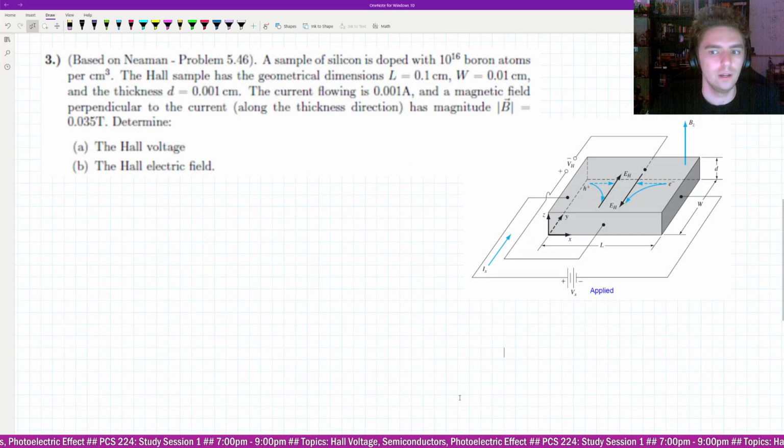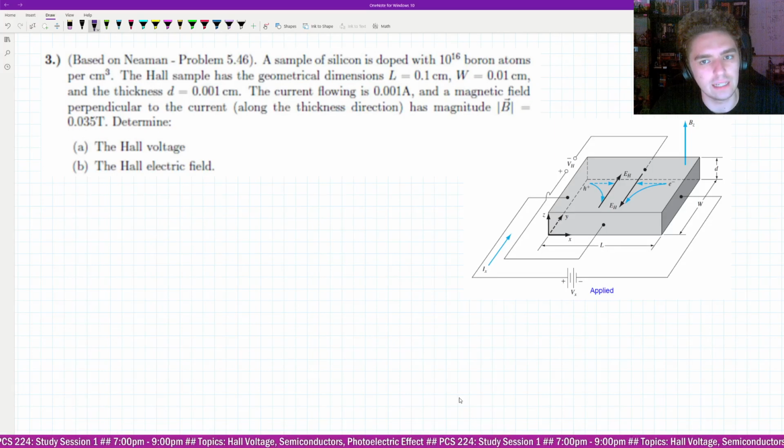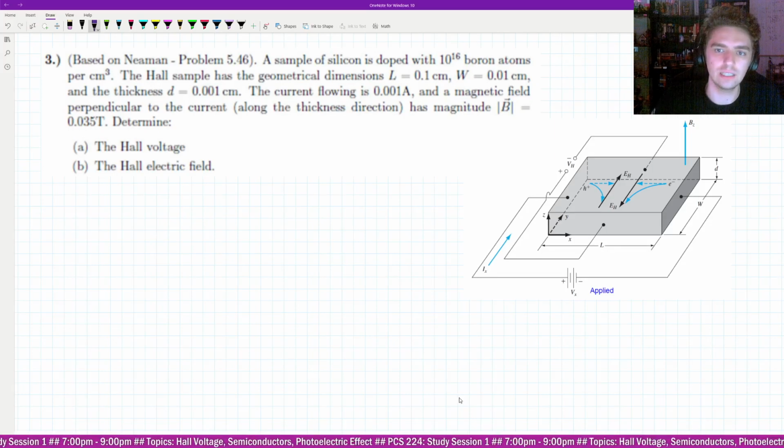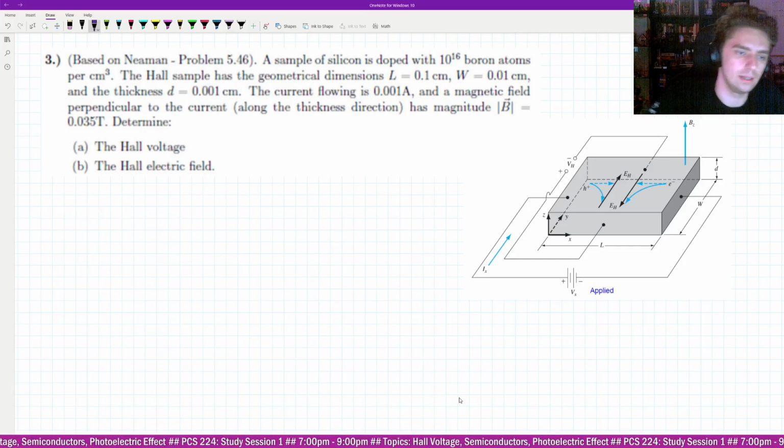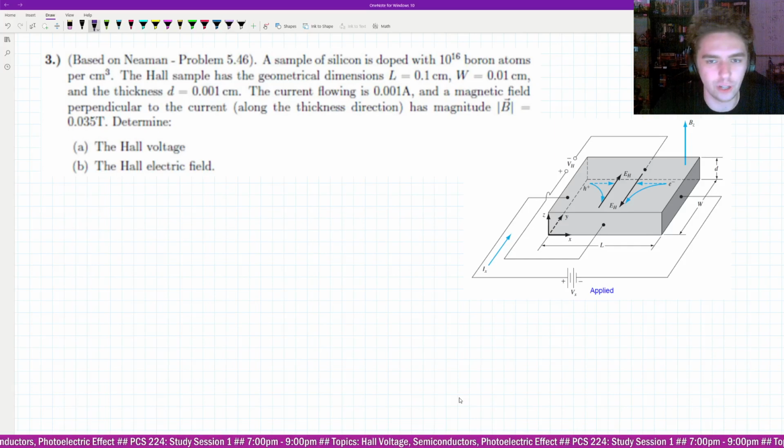Okay, so what do we know? There are 10 to the 16 boron atoms per centimeter cubed. Now you have to remember, boron atoms are electron acceptors. They have one less valence electron than your regular silicon, and so you have holes.